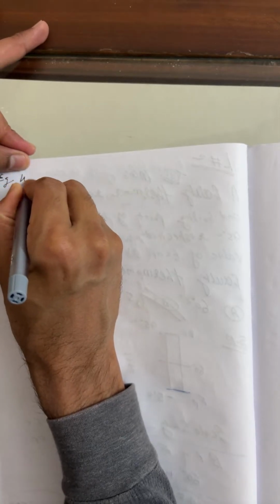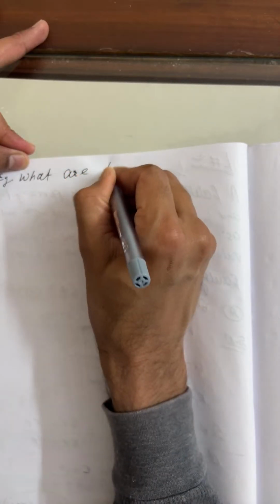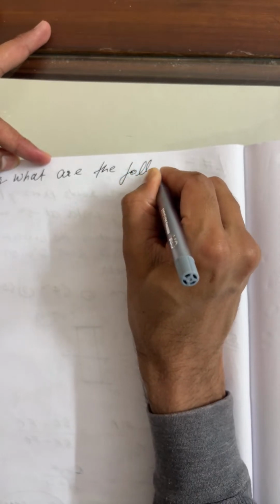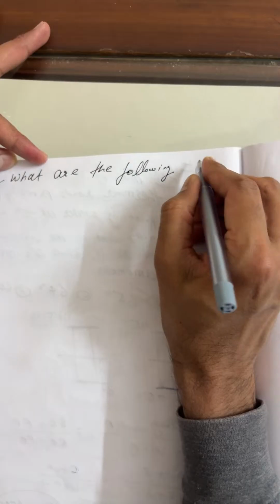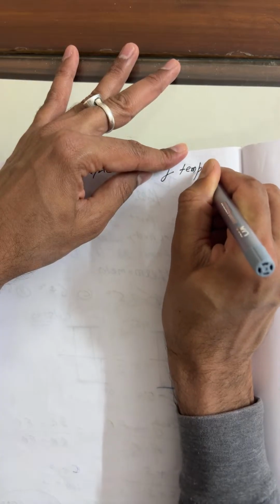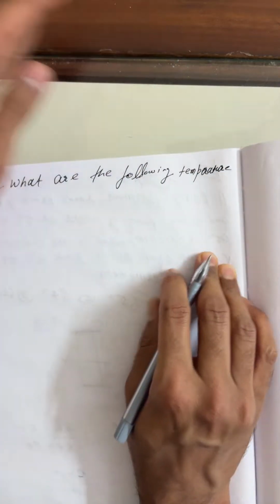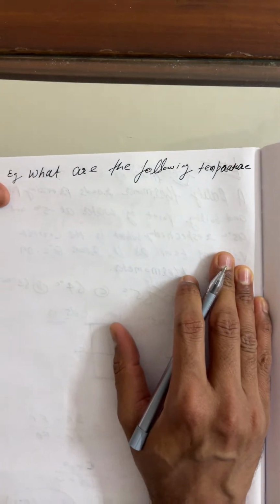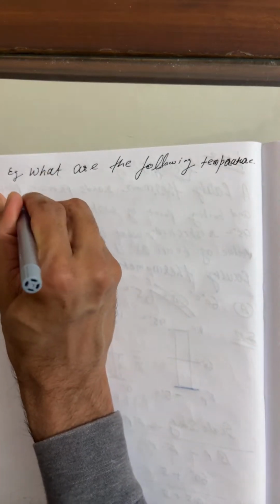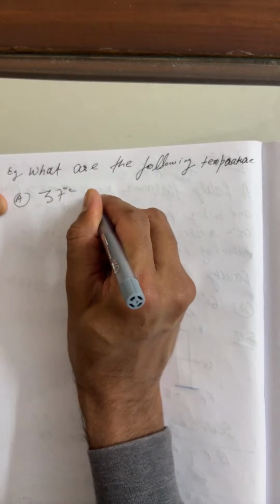What are the following temperatures? First, 37 degrees Celsius.